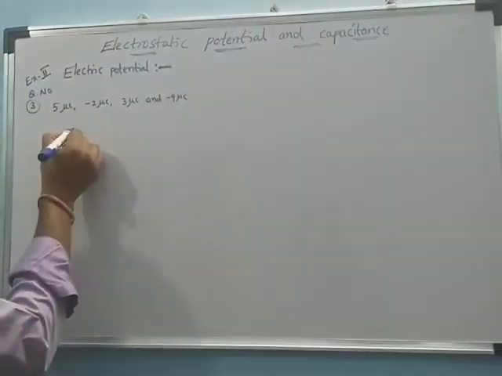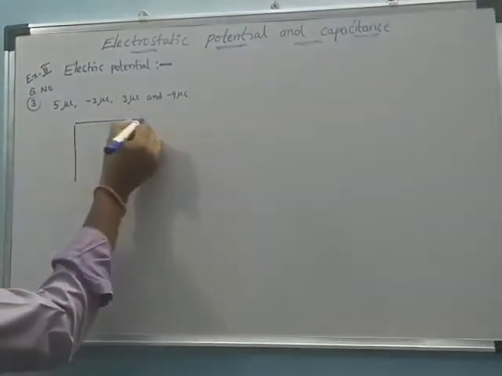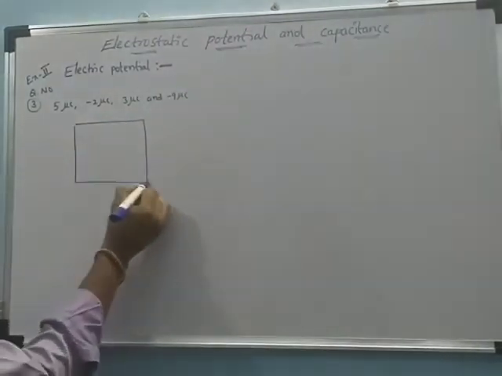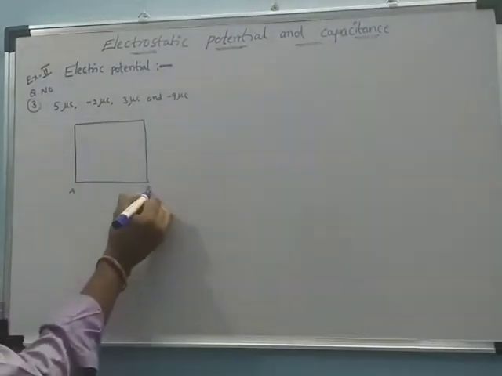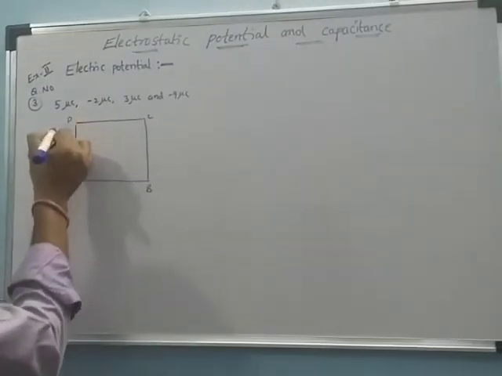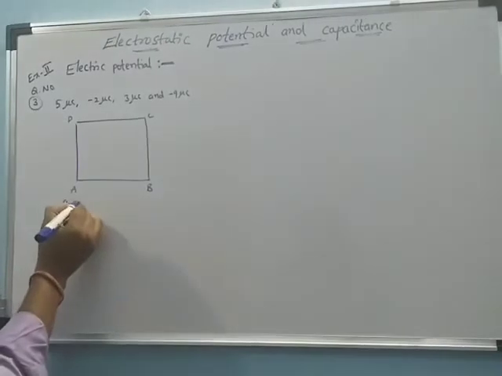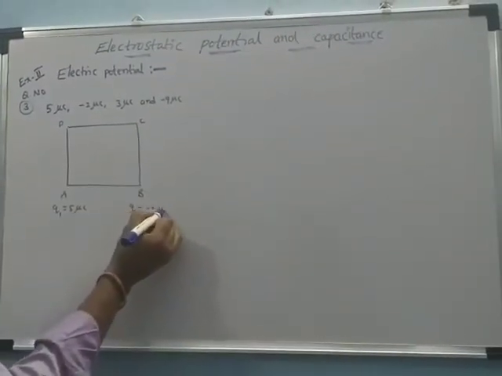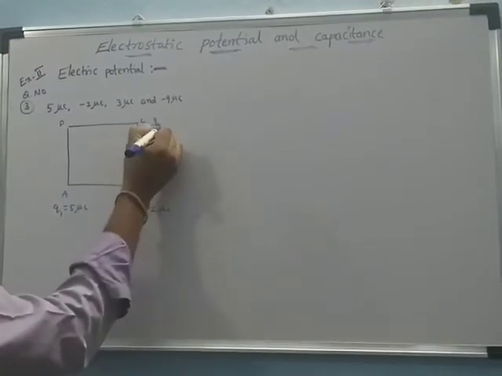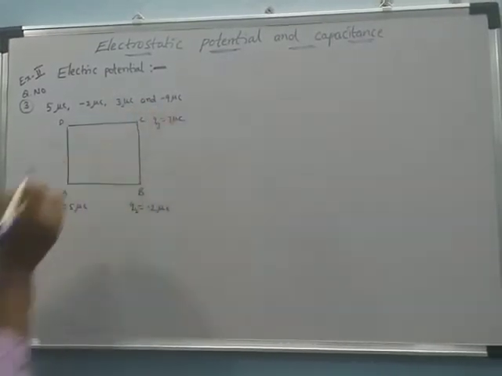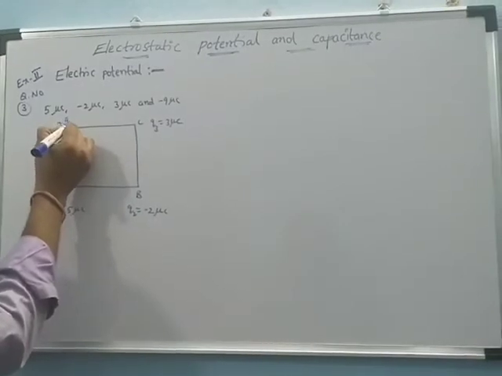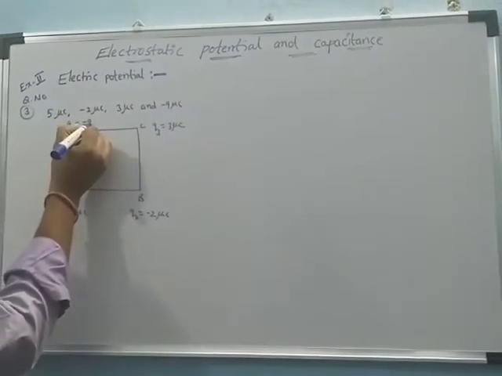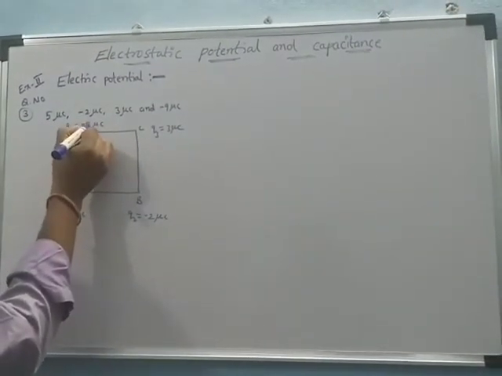Now this is the square, with points A, B, C and D. Charge Q1 is 5 microcoulomb, Q2 is minus 2 microcoulomb, Q3 is 3 microcoulomb, and Q4 is minus 9 microcoulomb.